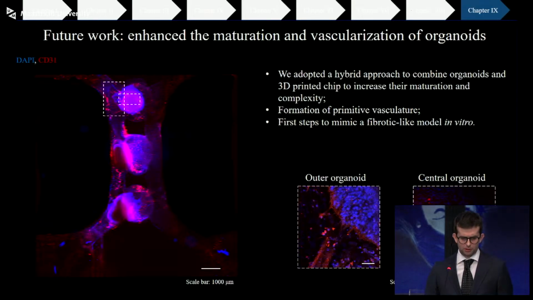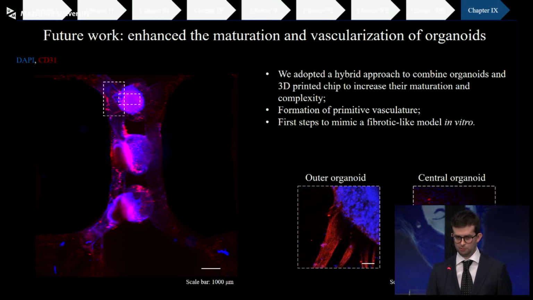Finally, in the last chapter, we tried to further increase the complexity of our organoids. As I said, also the maturation and the vascularization are very important limitations of our organoids and also the organoids in the publications.